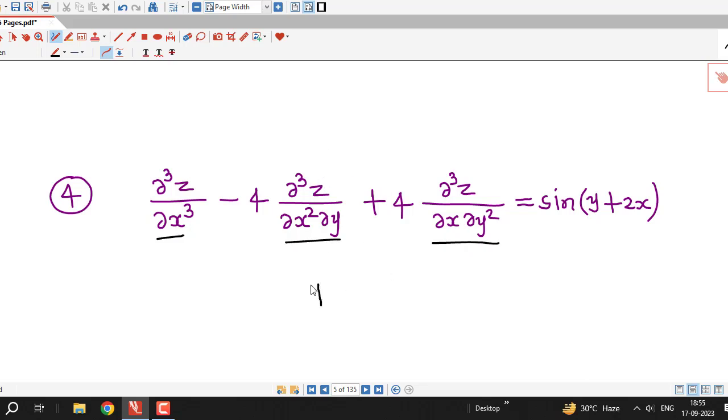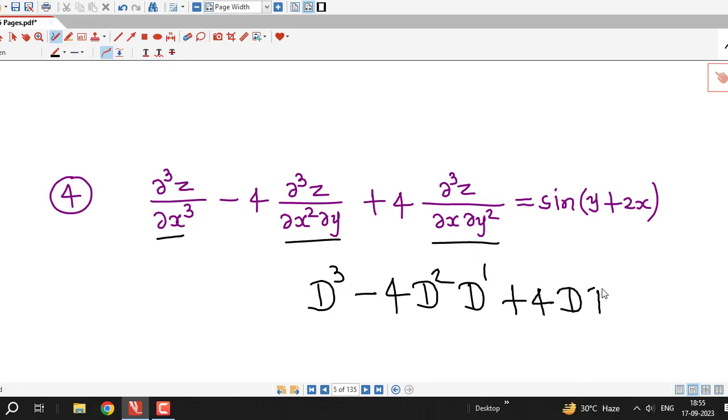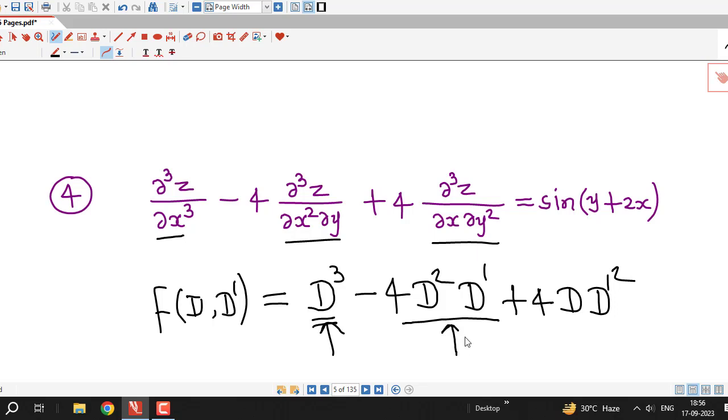So if you write f(D, D'), for this it is D cube minus 4D square D' plus 4D D' square. This is a function of D and D', and you can see it is a homogeneous function of degree 3.